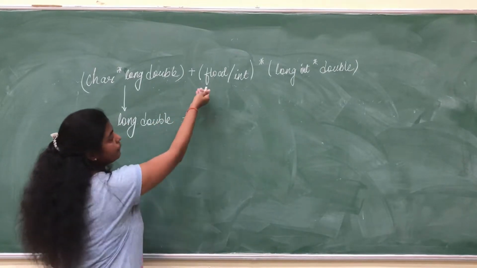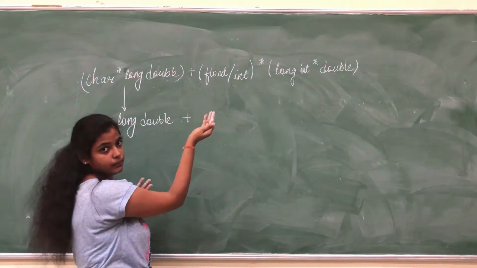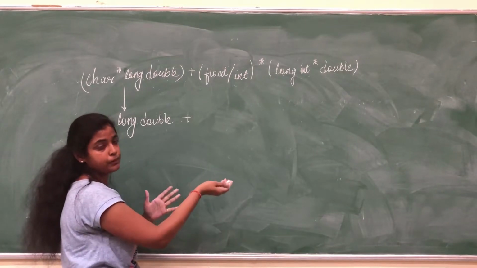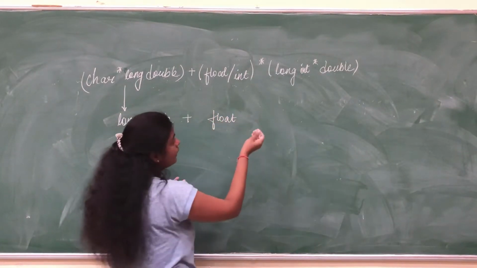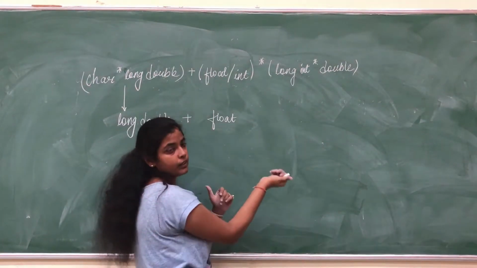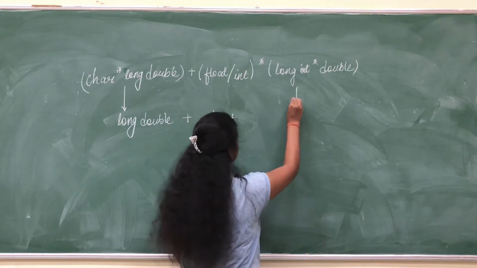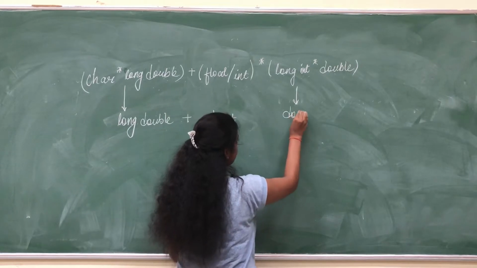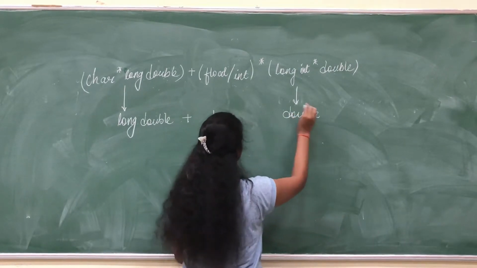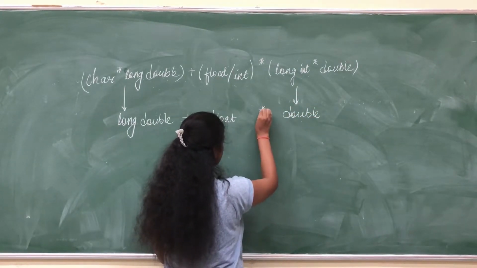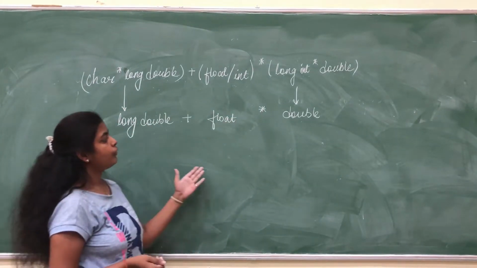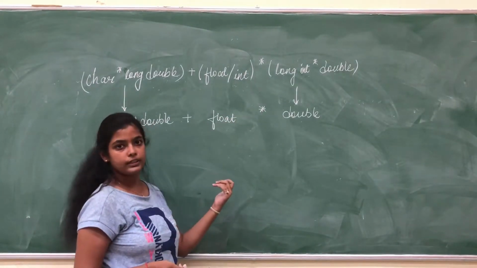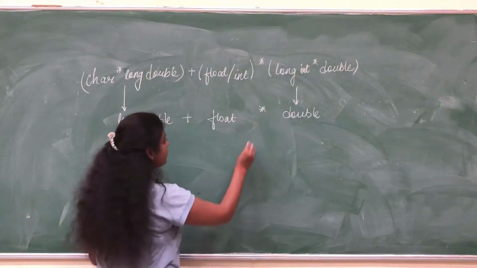Plus from here we know that float is a bigger data type which stores more memory, so float will come. And from here double will come. From float and double, float is the greater data type, so float will come.